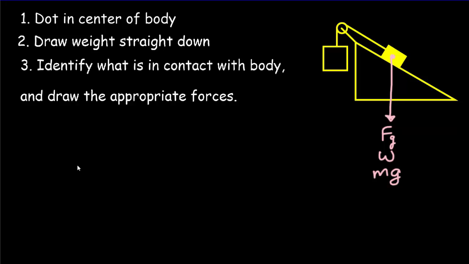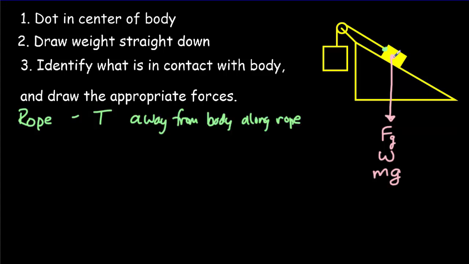Next step, identify what is in contact with the body and draw the appropriate forces. So we have contact right here with the rope. And that means we have a tension force, and a tension force is always away from the body along the rope. So let's draw that in.